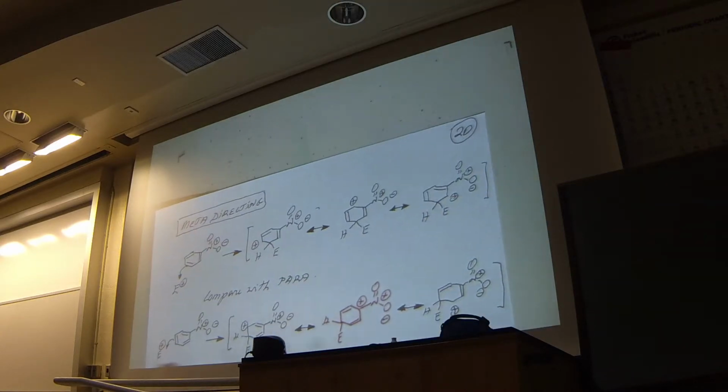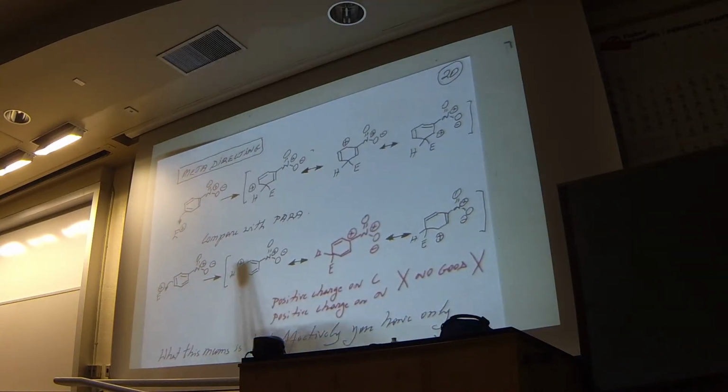Now, if you look at the para substitution, what would happen? You get this as a resonance structure, which puts the positively charged carbon directly adjacent to the positively charged nitrogen atom. What that tells you is that this is going to be no good. What does no good mean?